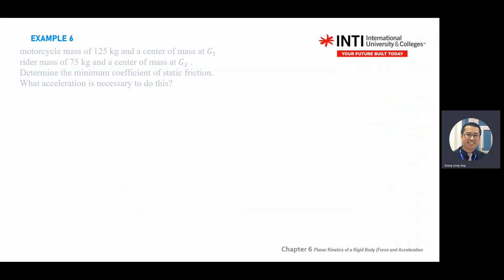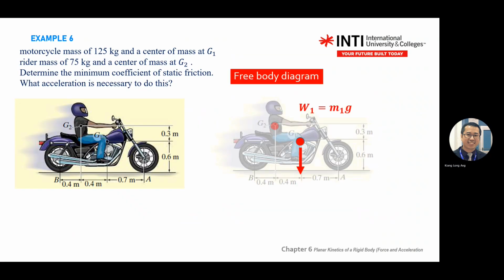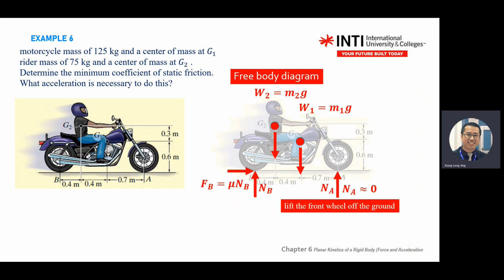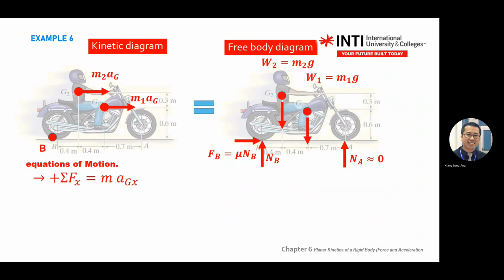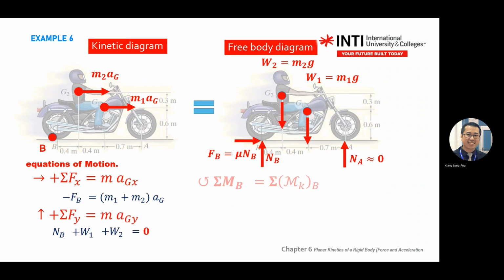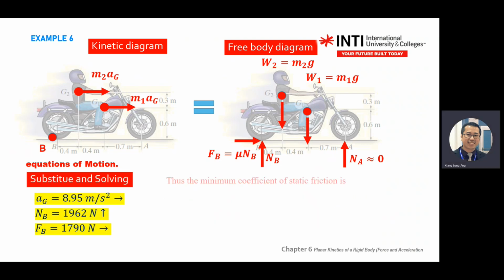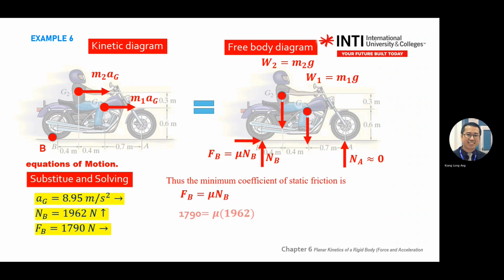This one you can substitute in this case, but I would recommend you find the friction force first, then only you look at the mu. Substitute. Okay. So here you find the minimum mu is 0.9 if you substitute here.